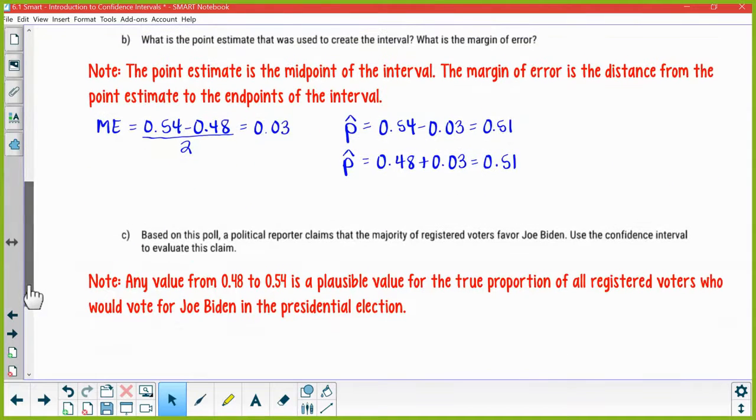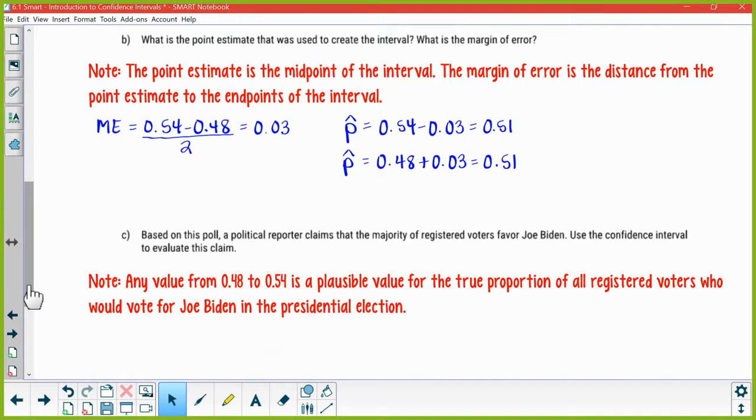And for our last part, based on this poll, a political reporter claims that the majority of registered voters favor Joe Biden. Use the confidence interval to evaluate this claim. Well, any value from 0.48 to 0.54 is plausible. Any percentage in between those two numbers could be the true population proportion.